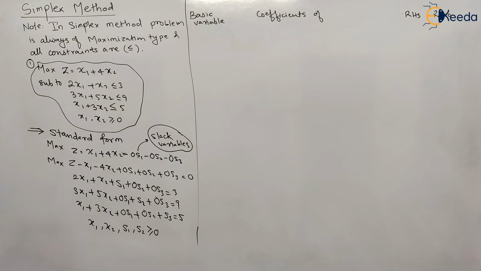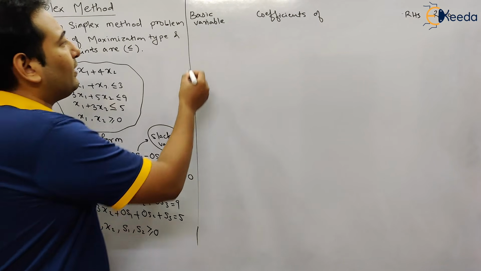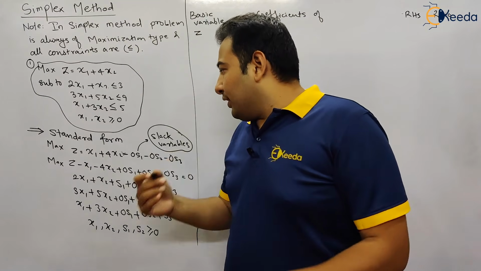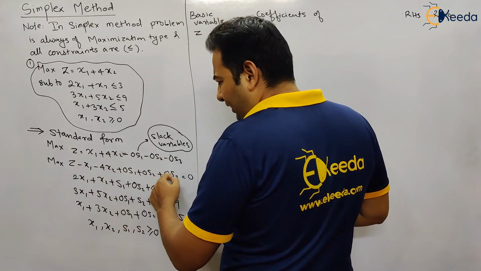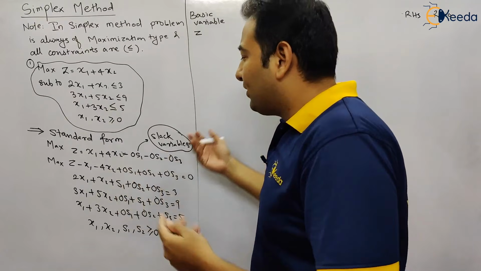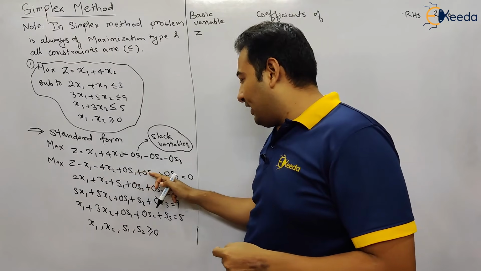Let us start. Your basic variable is this, the one I want to maximize. So basic variable is z. Next, coefficients of. In the z equation, what are the coefficients? Coefficients of which term? In this equation we have x1, x2, s1, s2 and s3.